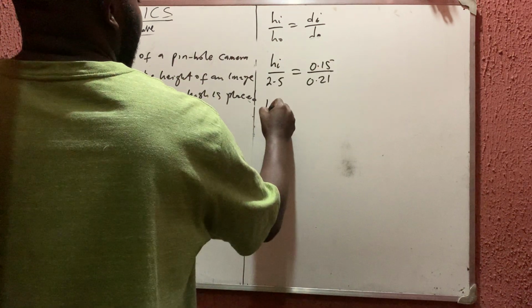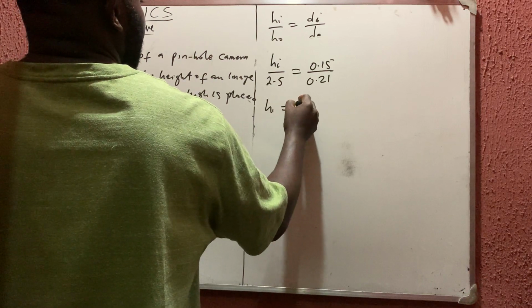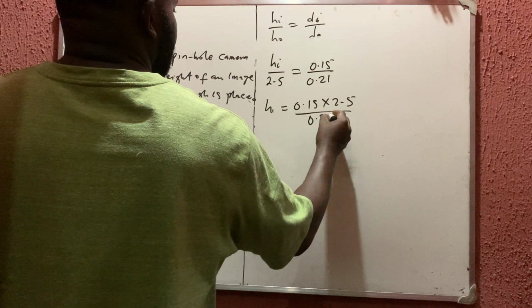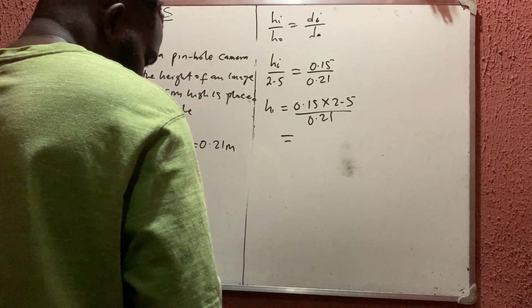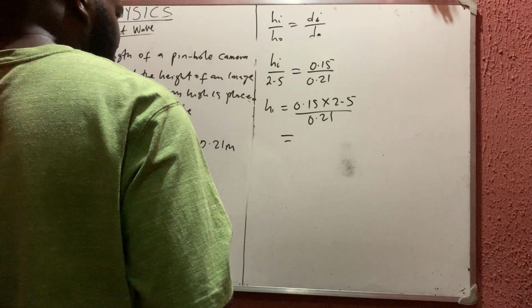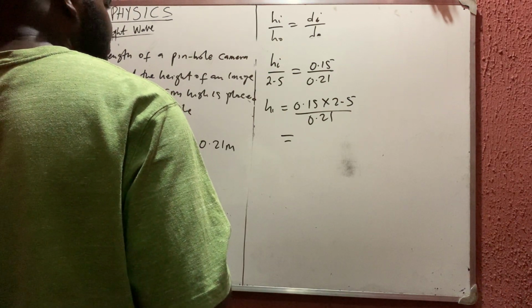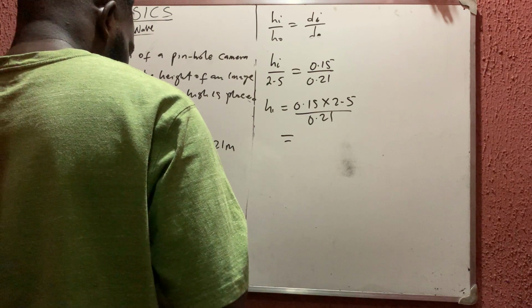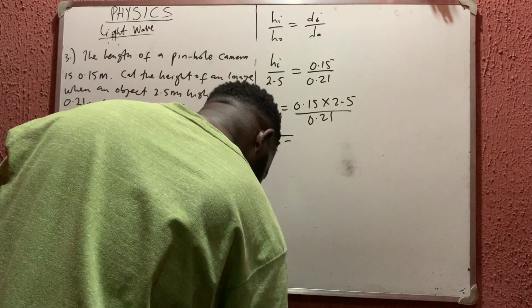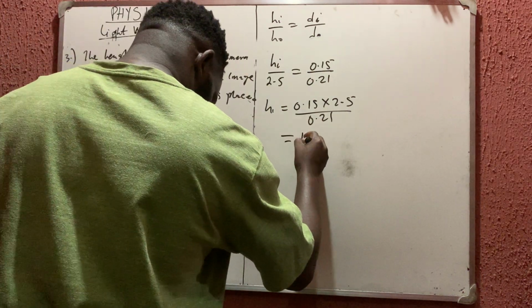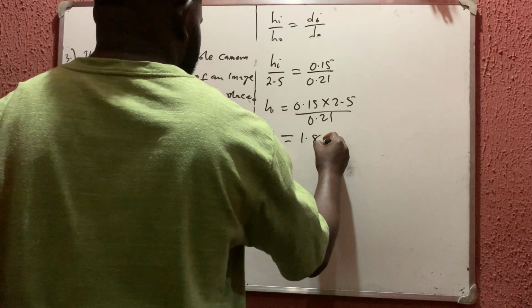Cross multiply, and hi is equal to 0.15 times 2.5 divided by 0.21. So I'm going to have 1.185, that is about 1.8 meters.